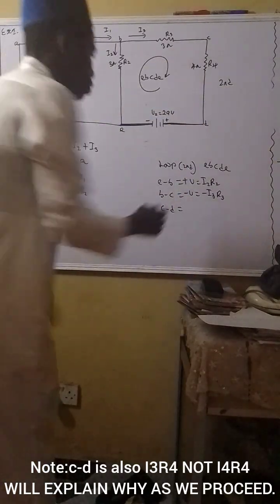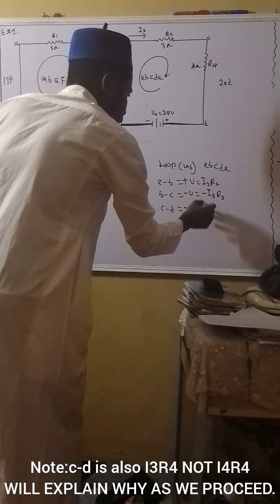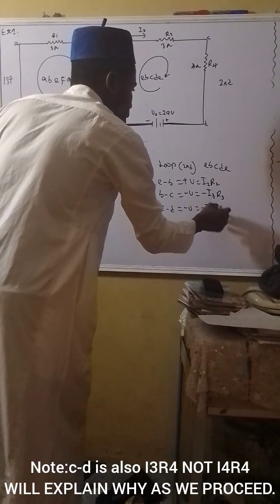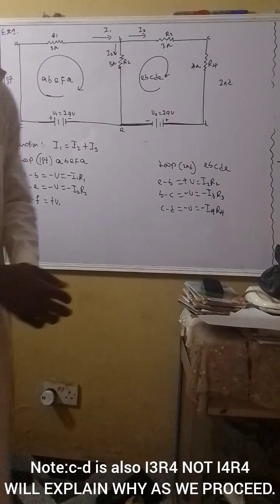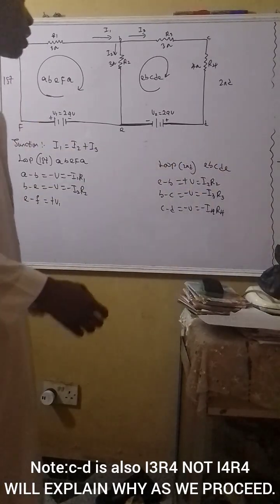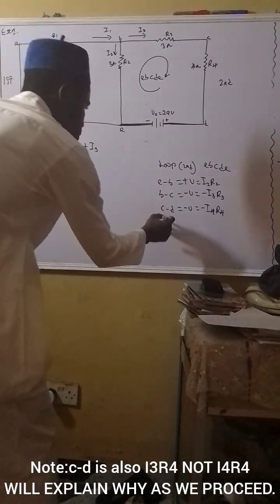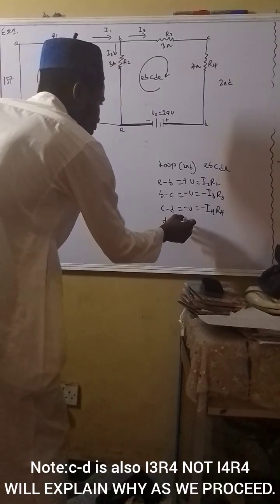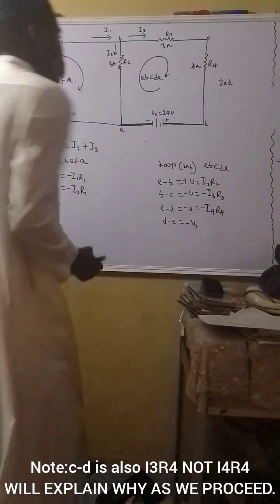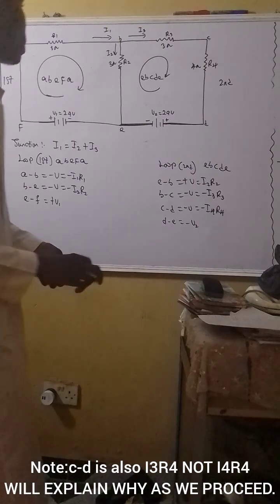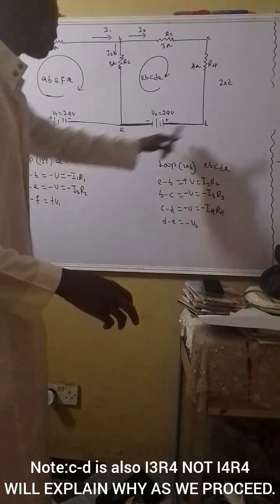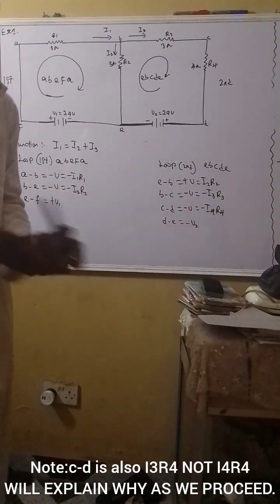The same direction, so we have a negative V, which is negative I4 R4. Then D to E. You can see it is coming from the positive to the negative potential, which means D to E would have negative voltage V2. So D back to E, that is all on our loop.